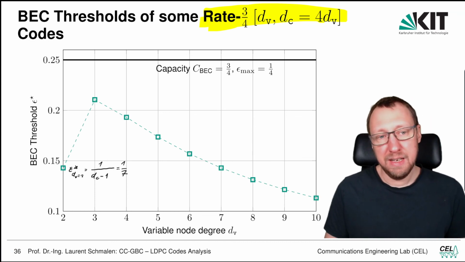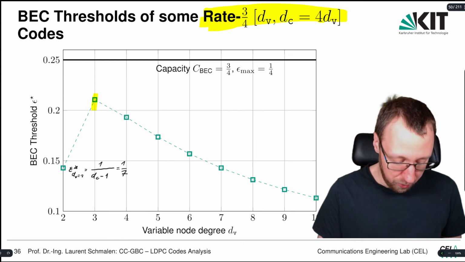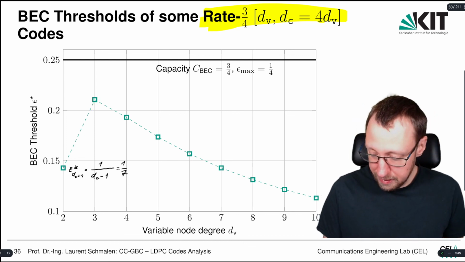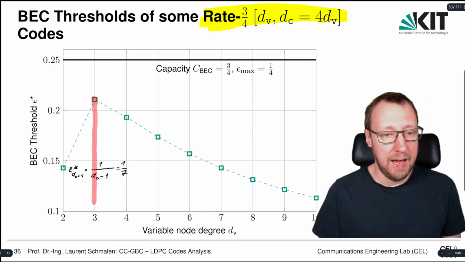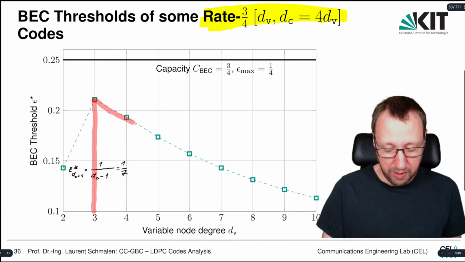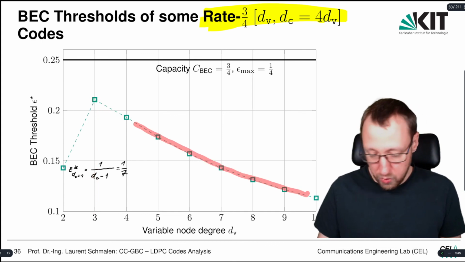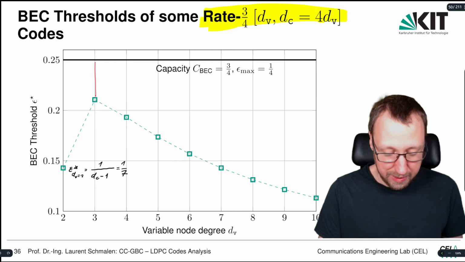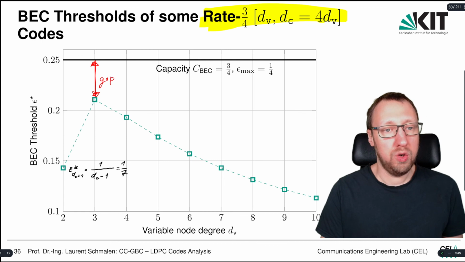Rather bad. And then again, we have the best threshold for dv equals 3, and then the threshold further decreases. Again, we see that there is a significant gap here that we will want to close.